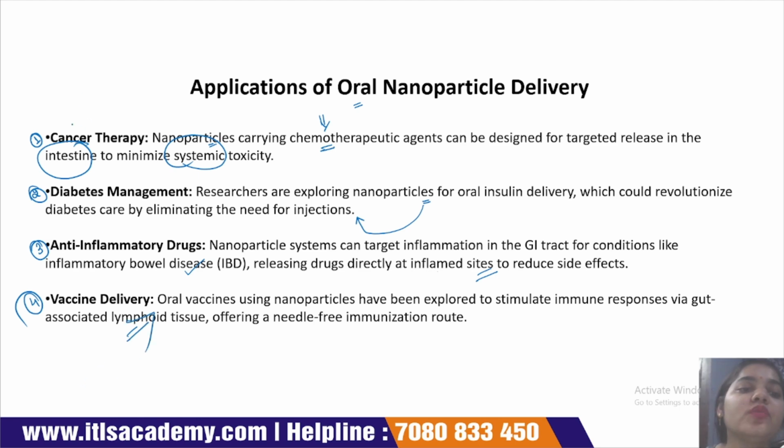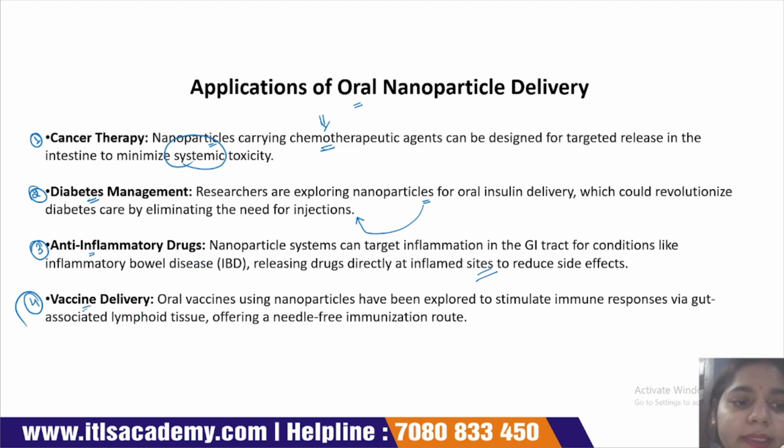First, we use this in cancer therapy. We directly transfer the chemotherapeutic agent into the intestine and minimize the systemic toxicity. Next, in diabetes management, we use this oral nanocarrier delivery system to eliminate the need for injection of insulin into the body. Next, anti-inflammatory drugs.